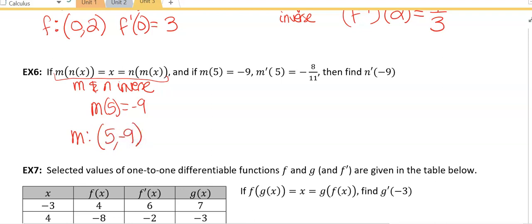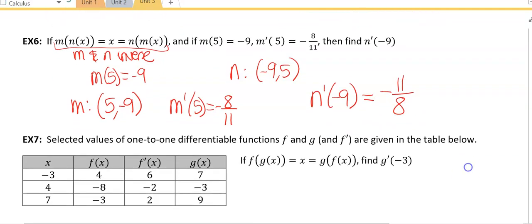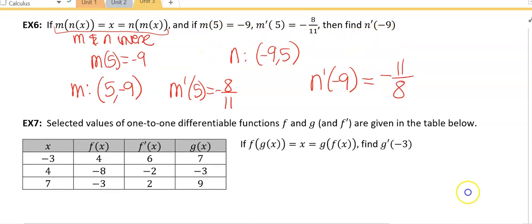If we look at n, then it should be negative 9, 5. We're given m prime of 5 is negative 8 over 11. That's the slope. So we want to find n prime of negative 9. That makes sense because we've switched the corresponding points, which means it's going to be negative 11 over 8. So we're given no equation there, and we're still able to find the slope given certain pieces of information.